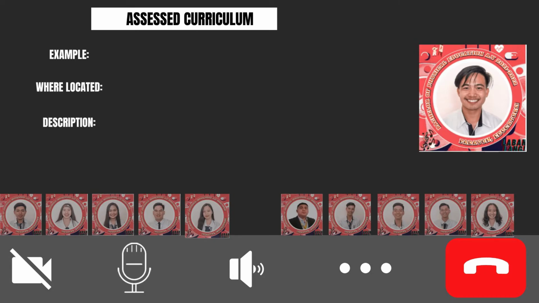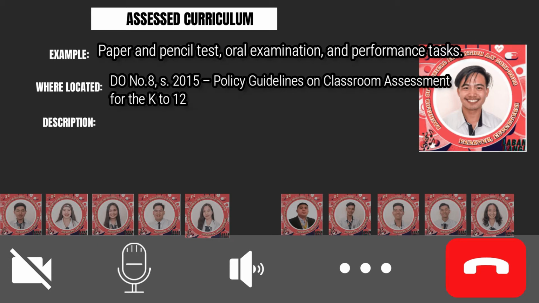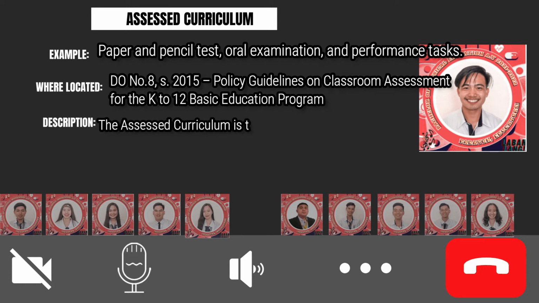Number 5. Assessed curriculum. Examples of these are paper and pencil tests, oral examination, and performance tasks. It is located in DepEd Order No. 8 Series of 2015 or the Policy Guidelines on Classroom Assessment for the K-12 Basic Education Program.